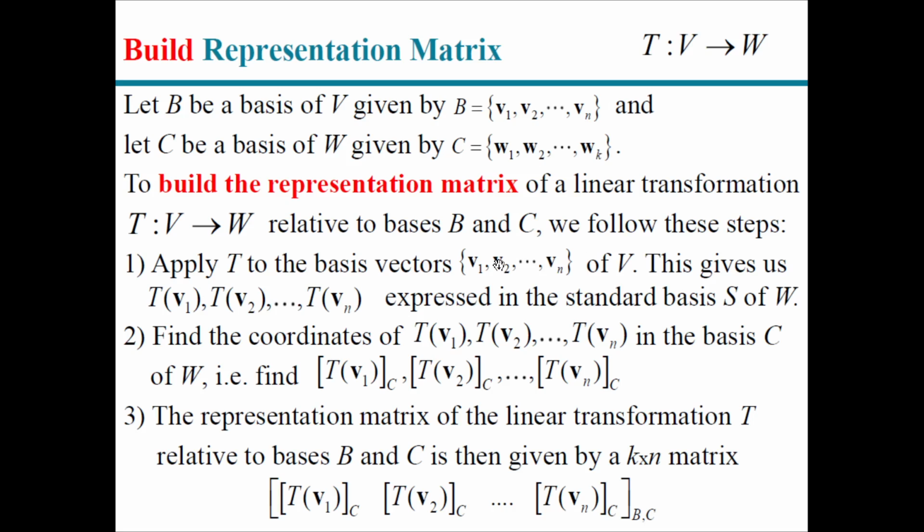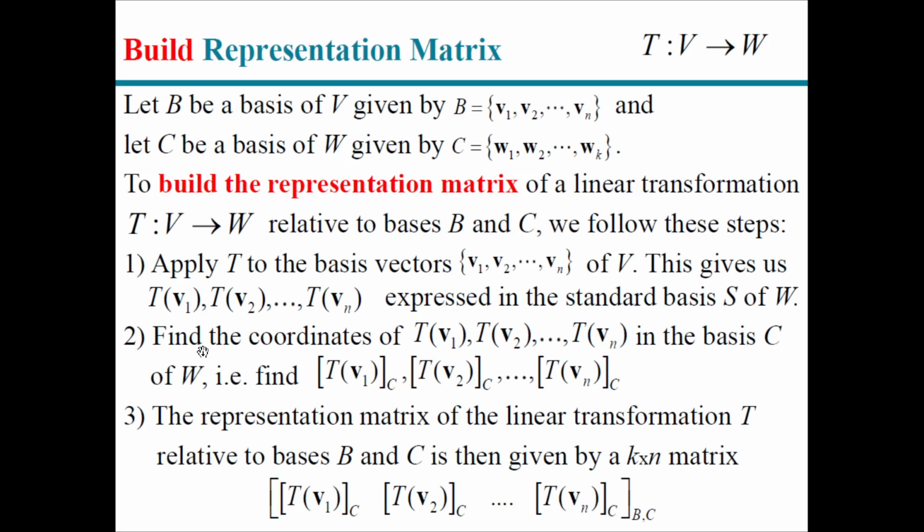In general, to build the representation matrix, in our problem it is given, but in general, we would need to apply the linear transformation to the basis vectors of the domain, the input space. And what we get are the objects living in the codomain, so true objects, in our case true vectors.